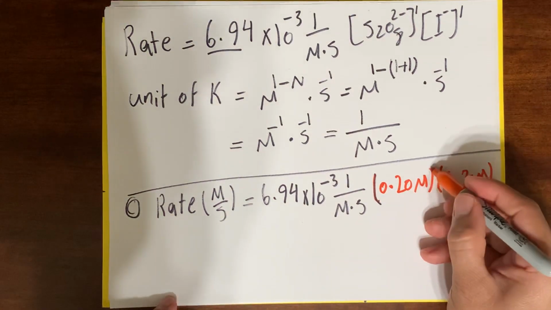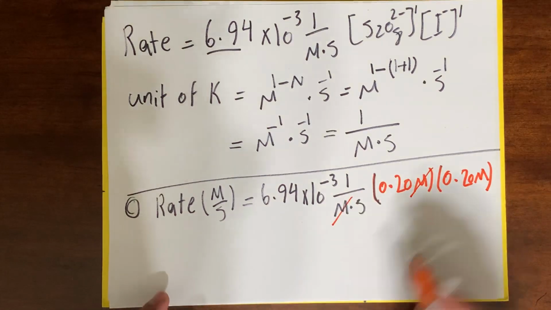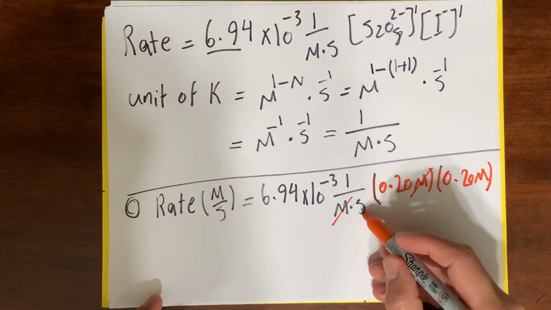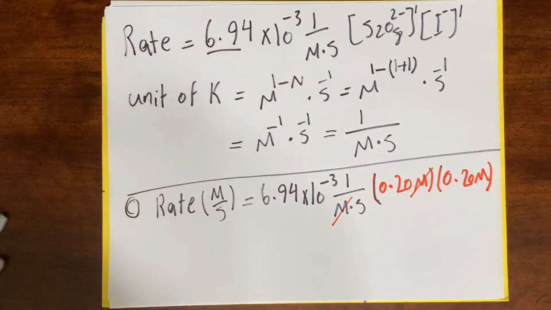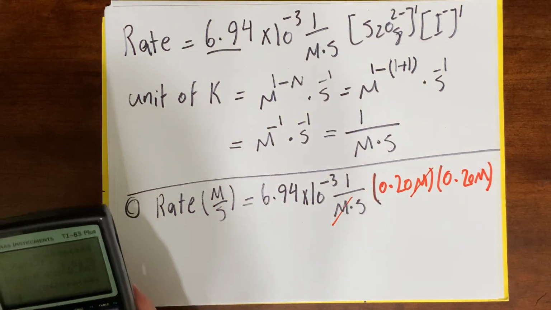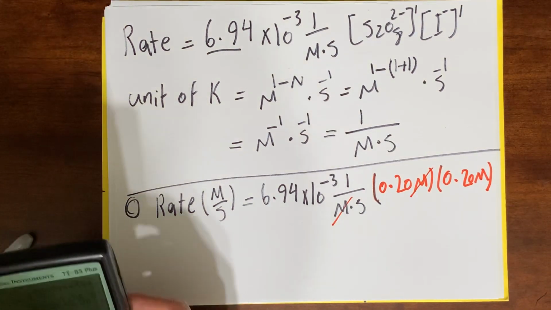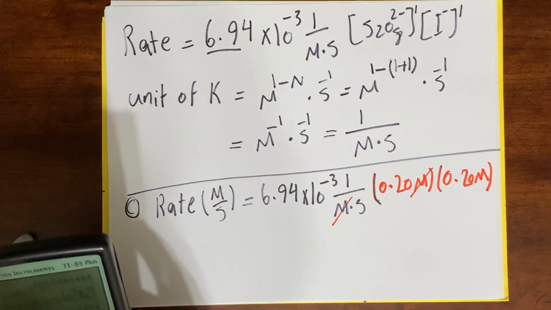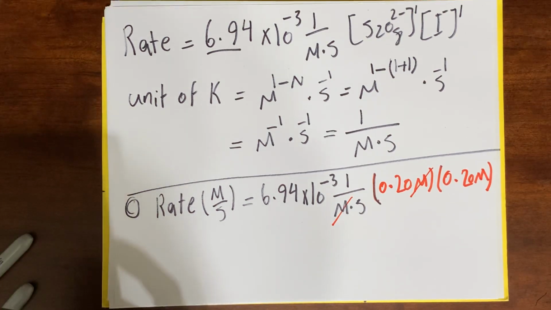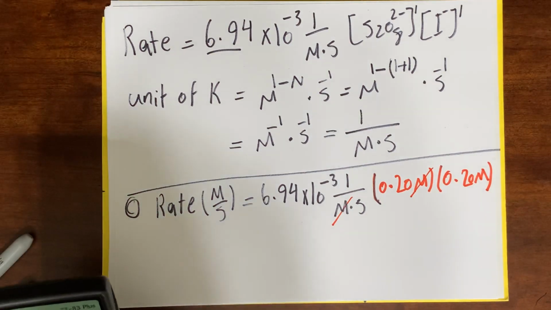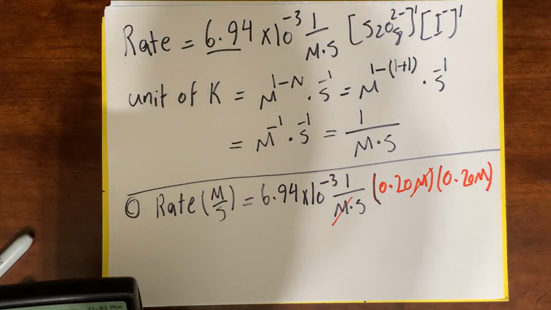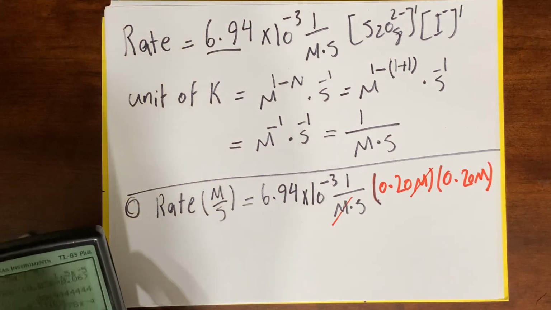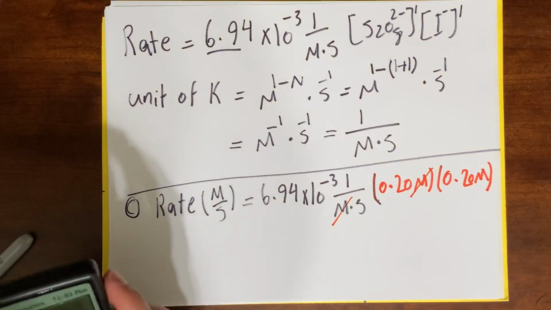I will cancel one molar. The second one stays as it is, and I have second here. So I have 0.4. 0.2 multiplied by 0.2, multiplied, this is going to be 2.78 times 10 to the power of minus 4.